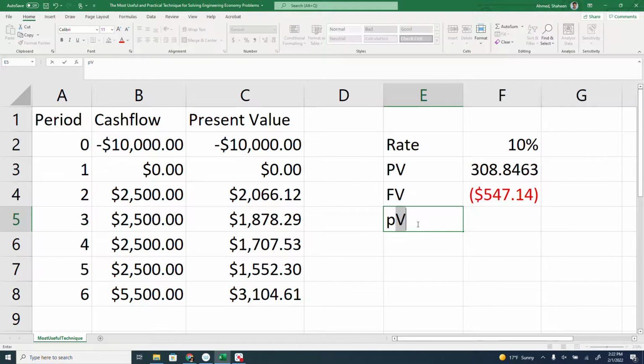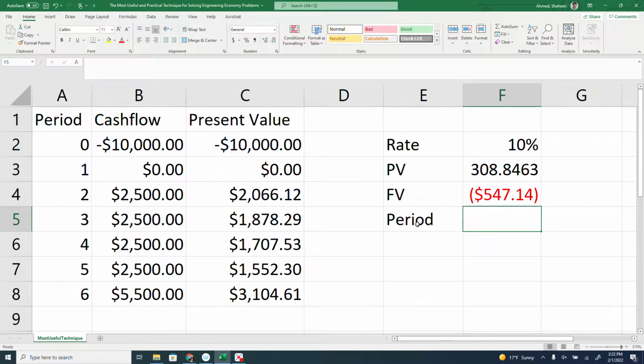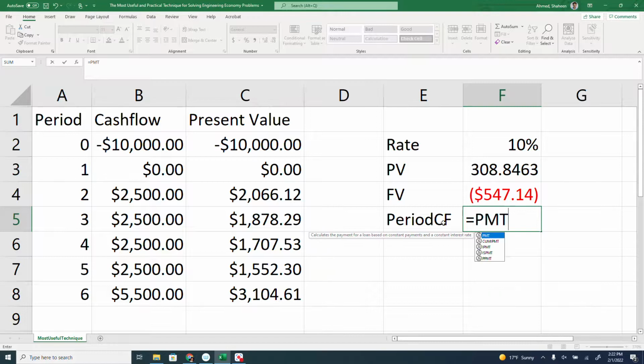If you want to calculate the payment, or periodic cash flow, I'm going to write this. You can simply type the function called PMT, and then the rate.